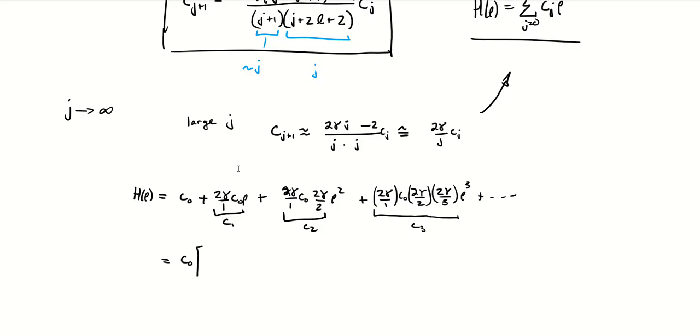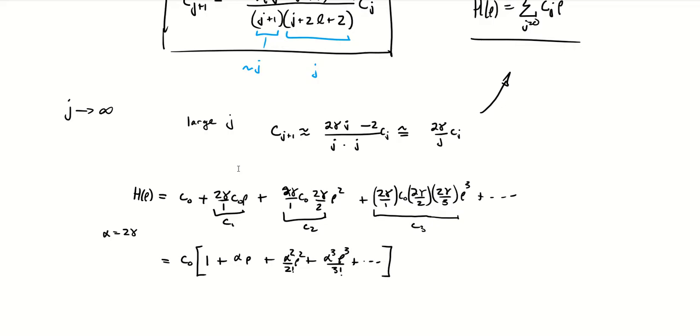You can factor out that C0 and you end up with 1 plus, I'm going to define alpha equal to 2γ, alpha times rho plus alpha rho squared over 2 factorial, plus alpha rho cubed over 3 factorial plus dot dot dot.